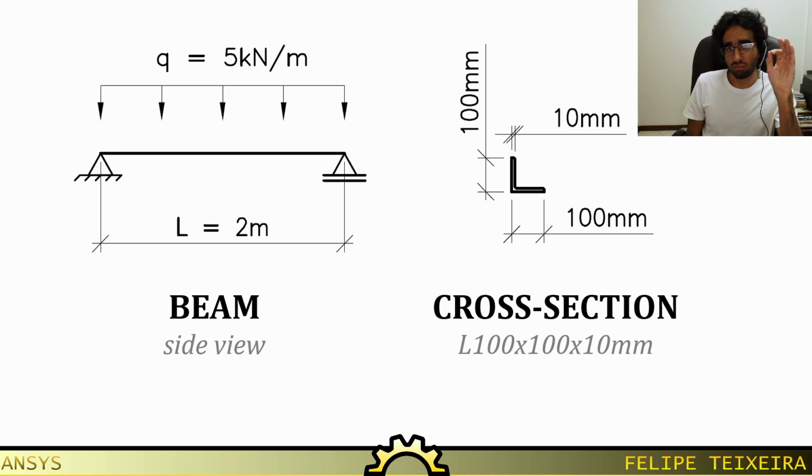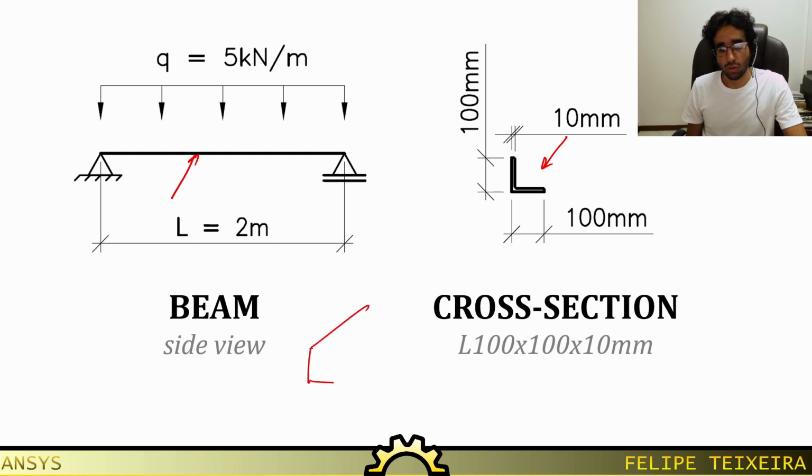So I'm going to begin in an unusual fashion perhaps by recalling the relationship between this line and this cross section. So of course the real structure is three-dimensional, so it's going to be an L shape like this, and I'm going to represent this real three-dimensional structure with a line and a cross section.